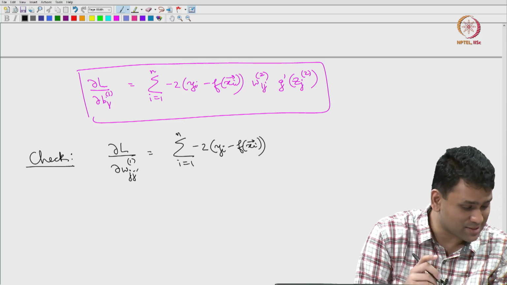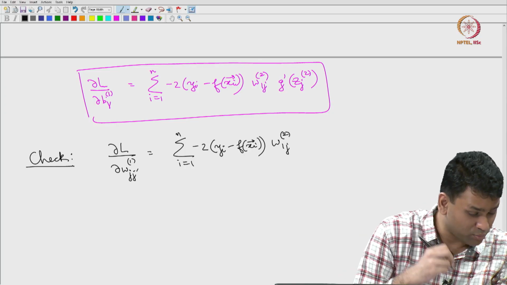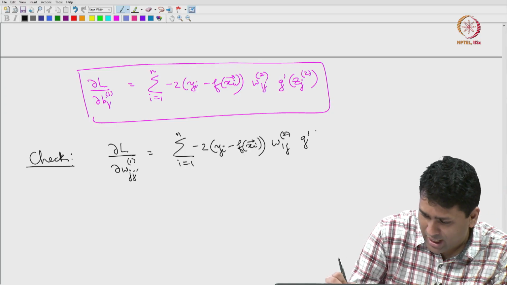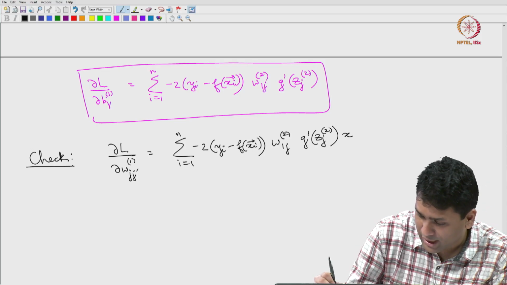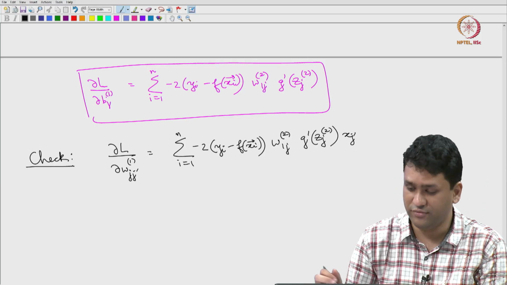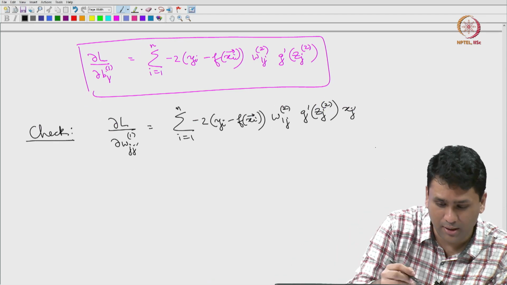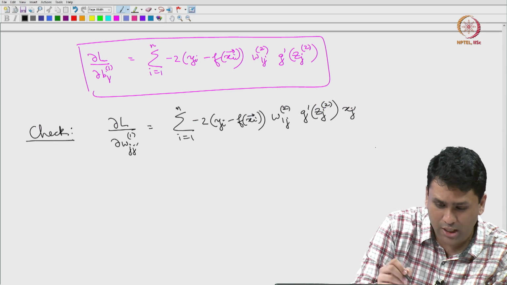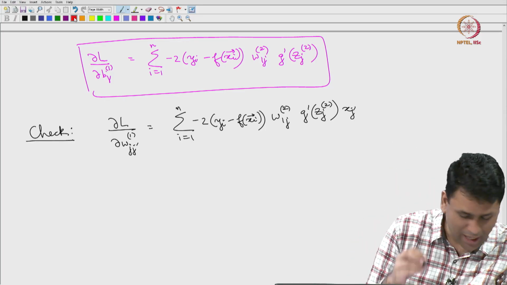So, this remains the same, times w1j superscript 2 times g dash zj2, all that will remain, but you will also get xj', the feature. So, please check this, I hope you will be able to do it. Now we are almost at the end. So, this is back propagation.